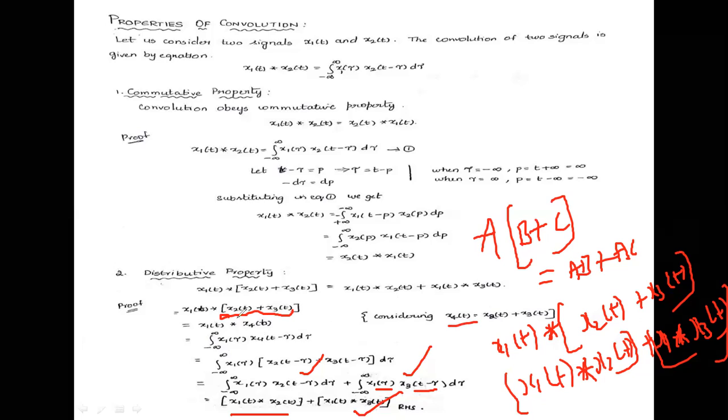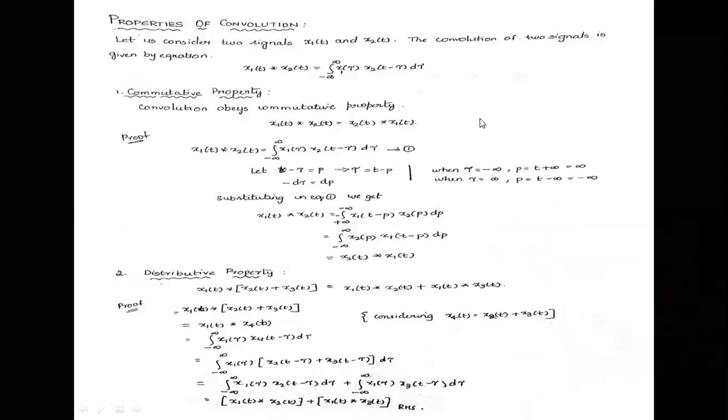What is the x4? Actually x2 and x3, and replace the t as t minus tau. Multiply and write the two parts. The first part is x1 and x2 convolution. Second part is x1 and x3 convolution. And convolution obeys the distributive property also.